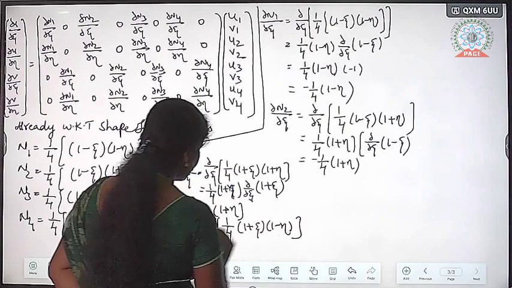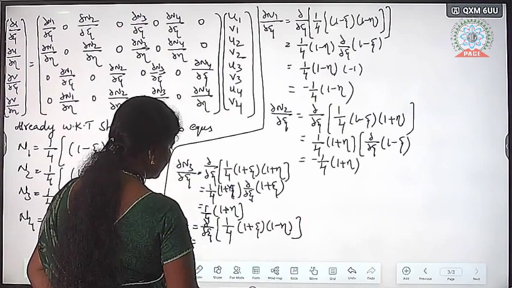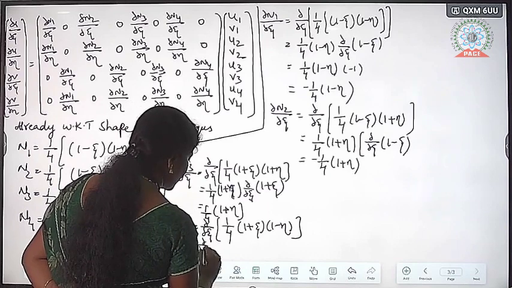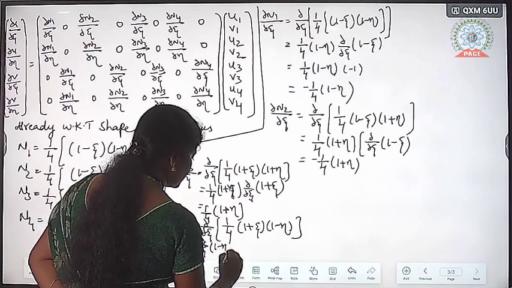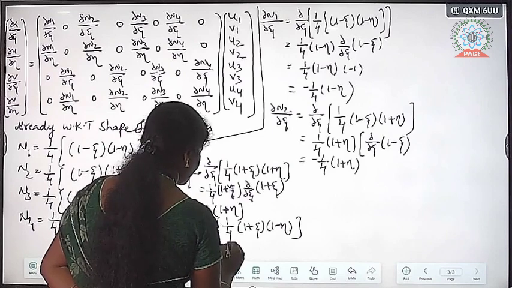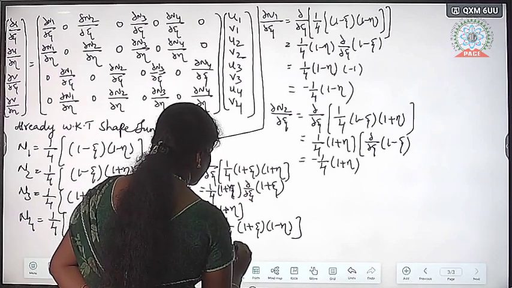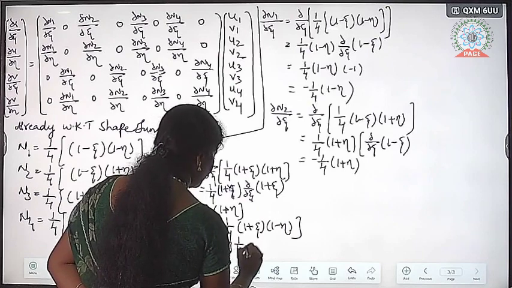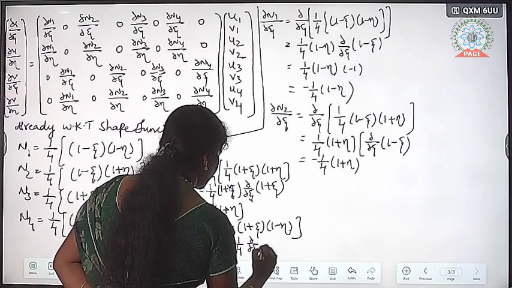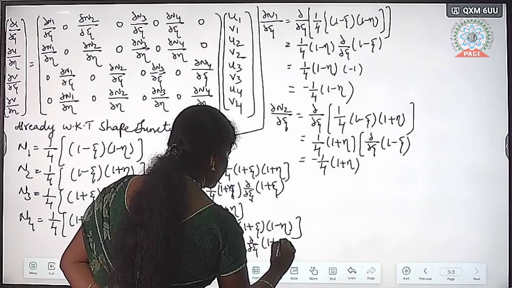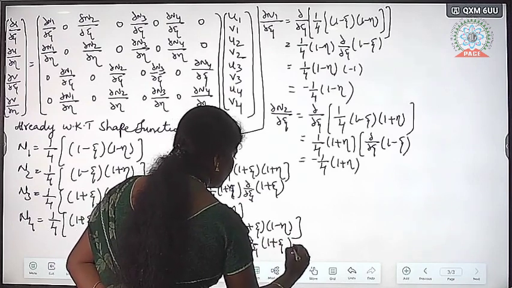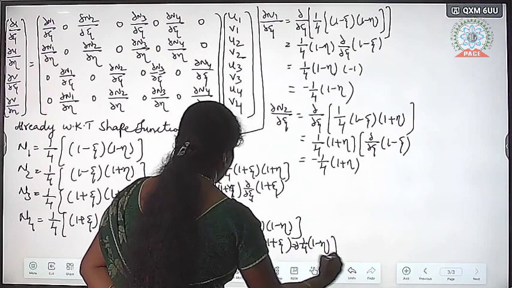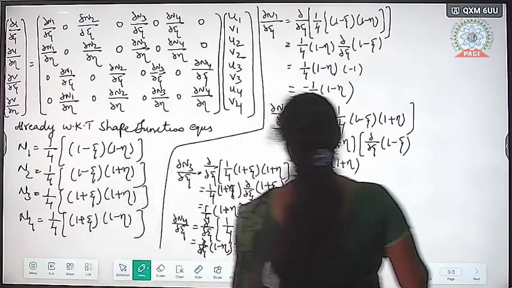With respect to xi we take the derivative, so 1 by 4 into (1 minus eta) into dou by dou xi of (1 plus xi). That is equal to 1 by 4 into (1 minus eta) for dou N4 by dou xi. Similarly, we have to calculate for the eta parameter also.